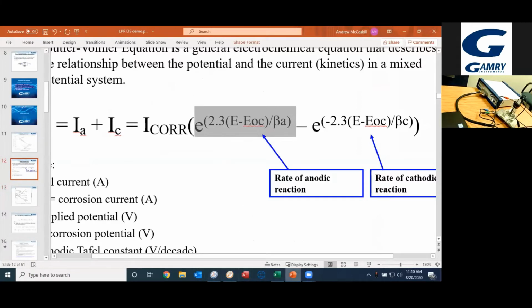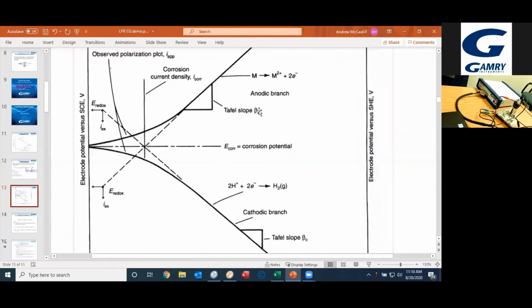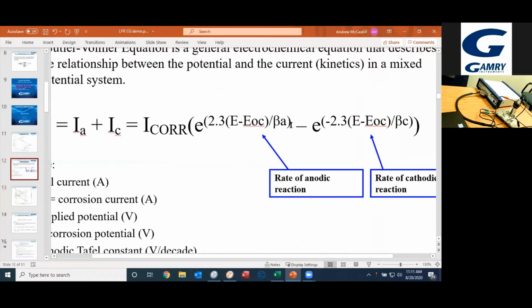And let's move back to that other slide. When you are in a more positive potential than what you have at E core, then you're going to be dominated by the anodic reaction taking place on the surface. And as I said before, this is the term that's going to be dominating our equation, our modeling.